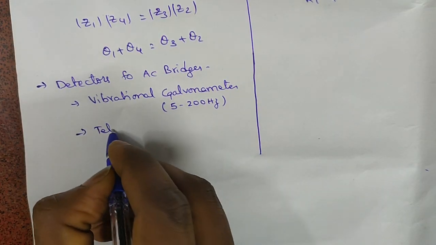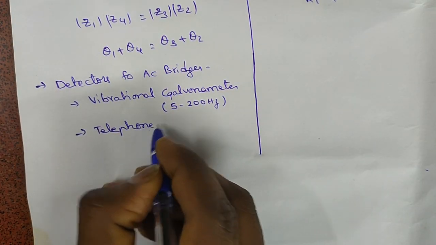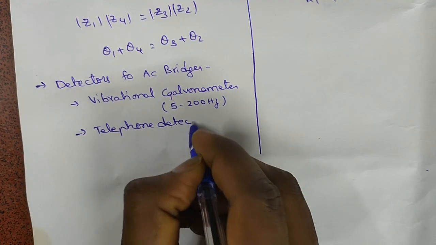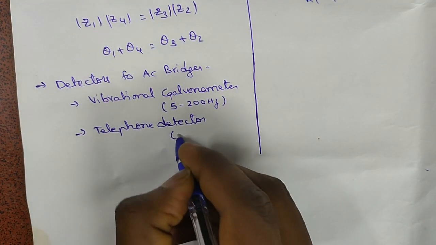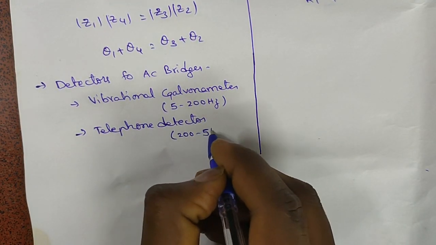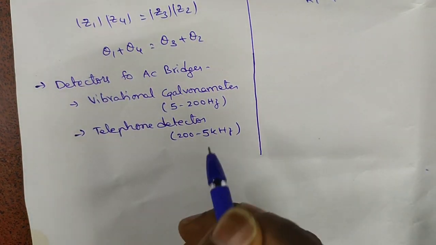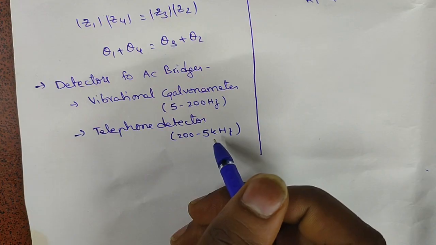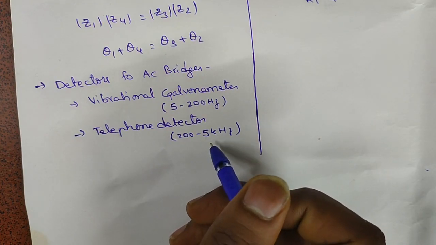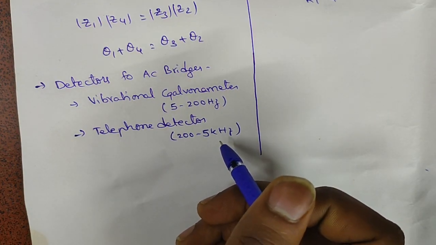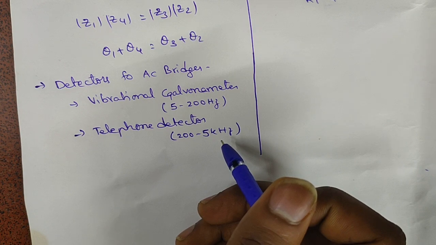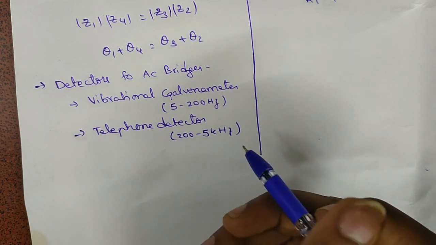Telephone detectors are used between 200 Hz to 5 kHz. When this range of frequency current is applied, they make a sound that indicates whether the bridge is in balanced condition or not.